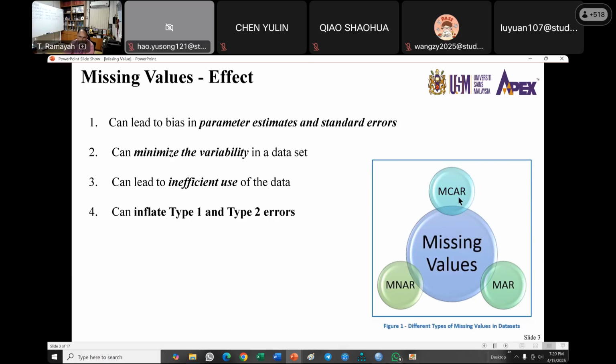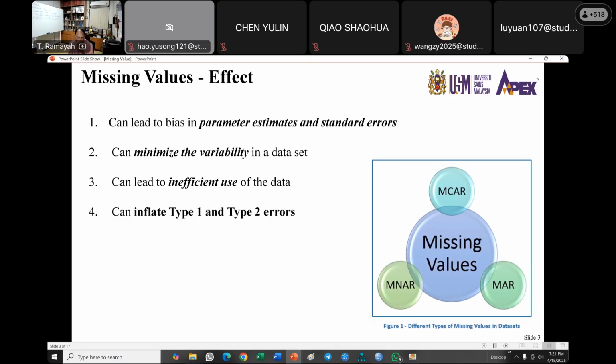Missing completely at random means the missing values happen randomly. Okay, there's no pattern. One respondent is missing in question number 1, another respondent is missing in question number 10 or question number 15, right? So the missing values are not for certain questions or a certain part of your questionnaire. Missing at random is when the missing values are related to some variables in your data.